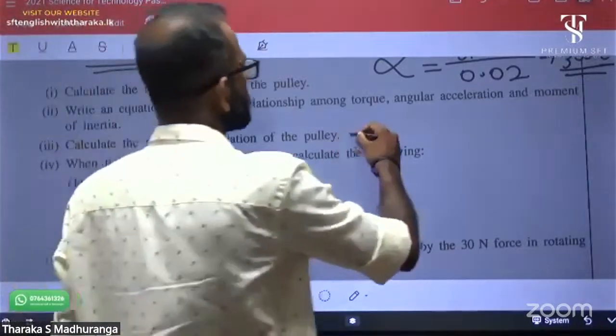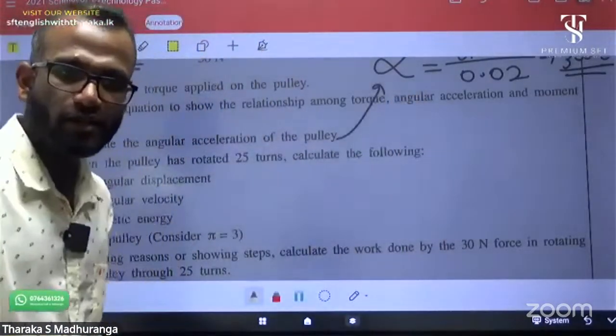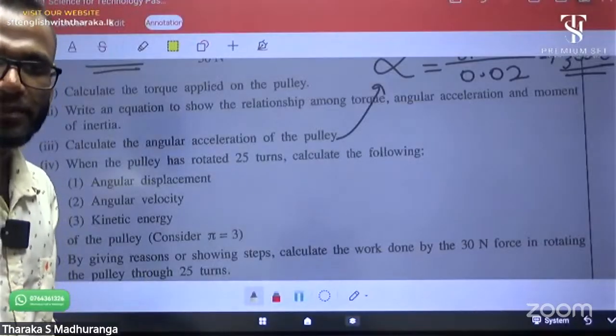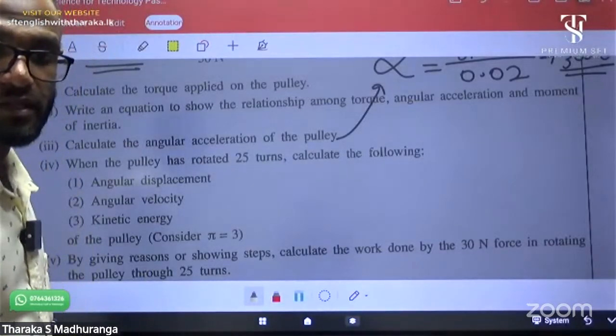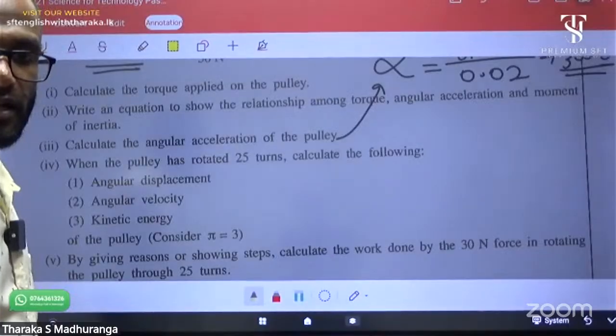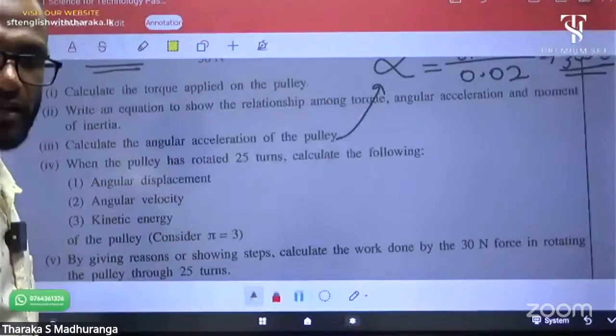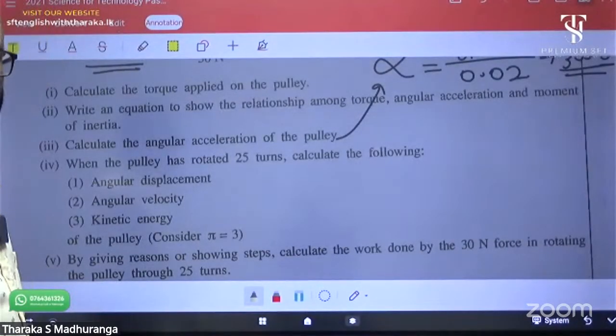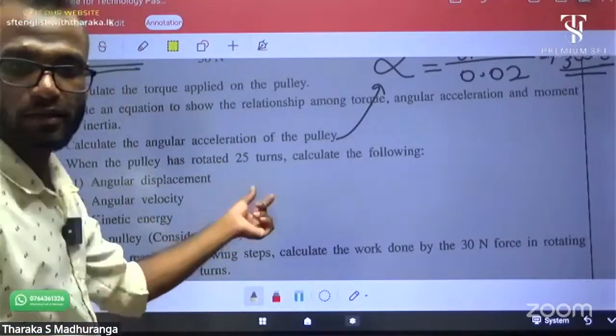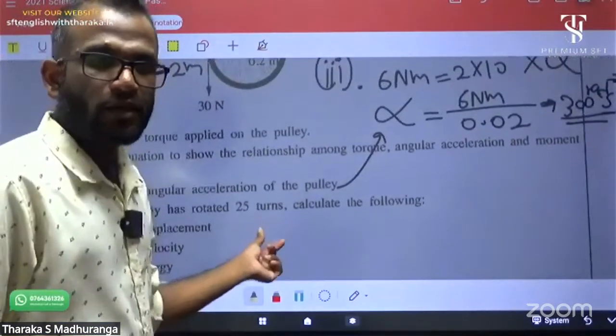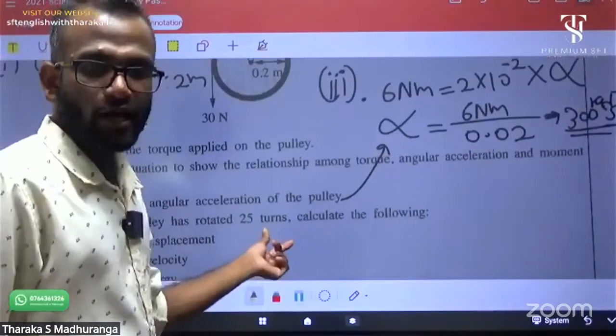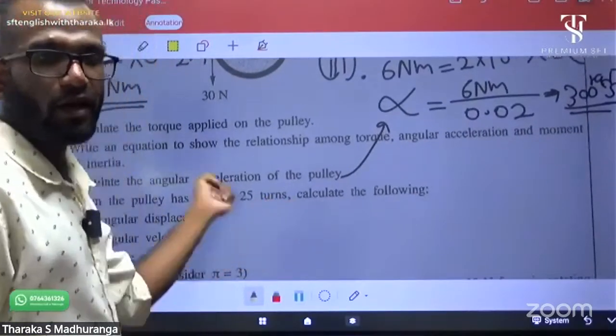Okay, angular acceleration done, it is 300. Radians per square second, rad s to the power minus 2.